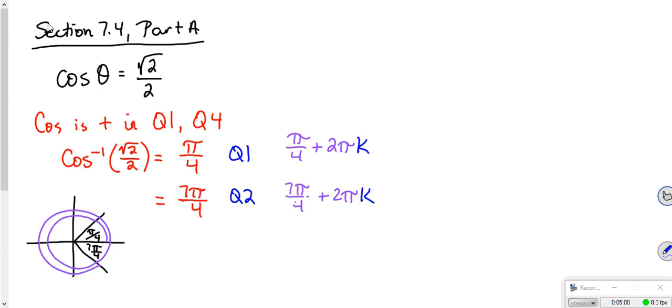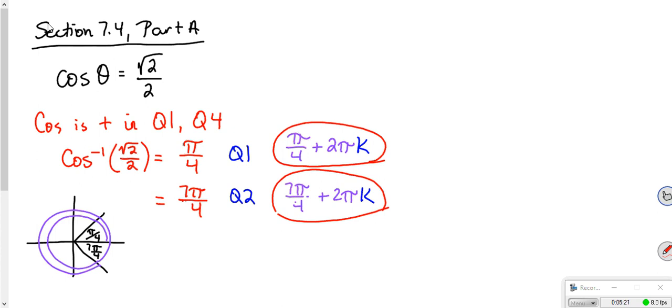So what this does is it gives us two different answers. This is actually one of our answers. This is the other answer. So we have pi over 4 plus 2 pi k, or 2k pi. I don't think it really matters what order you write it in.